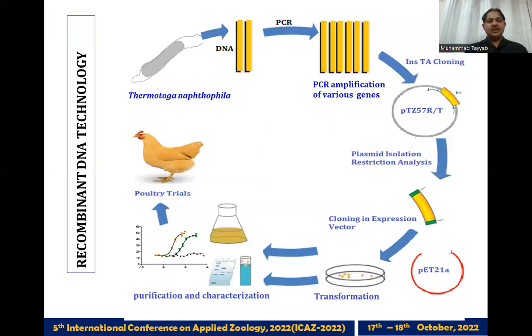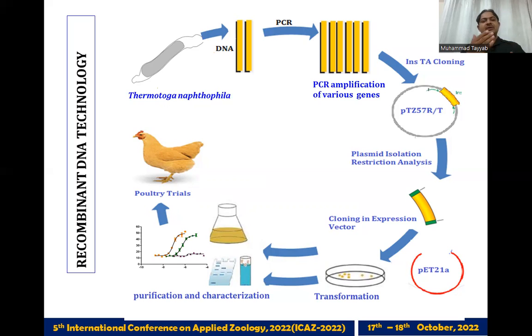So here we have a brief description about the recombinant DNA technology. I'm going to share the recombinant DNA technology for the production of enzymes which are required in the poultry feed industry.